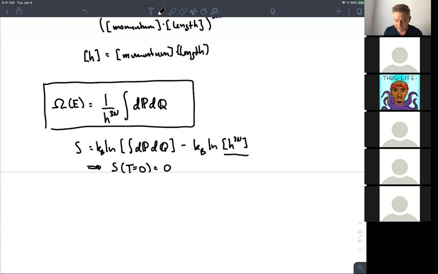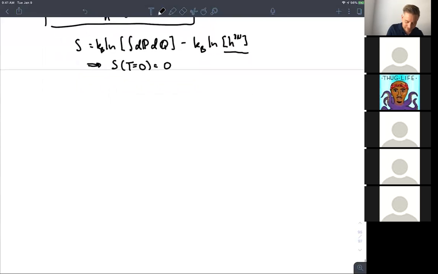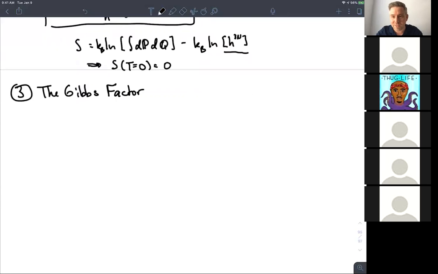Now, the last modification we're going to make to this thing is what's called the Gibbs factor, which we briefly talked about on Friday, and we will essentially devote an entire lecture to in a few weeks, but not right now. Right now I'm just going to give you a sense of why it's necessary and what it means.